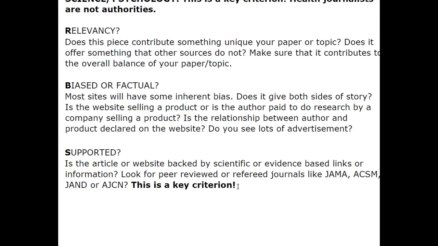So the key for supported is that the references are peer-reviewed, that there's evidence-based science involved in what the author is saying. It's nice to have current references, but as long as the author is reliable and the evidence in the S for supported are peer-reviewed links and information, then it would pass the CARBS evaluation.